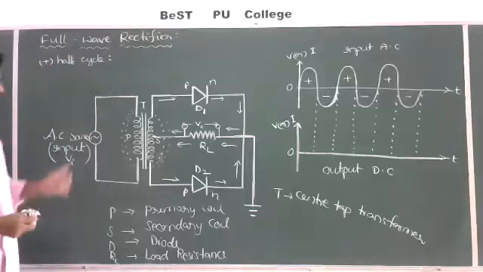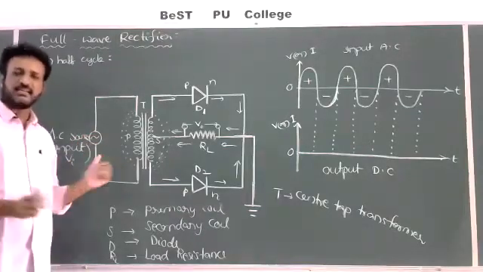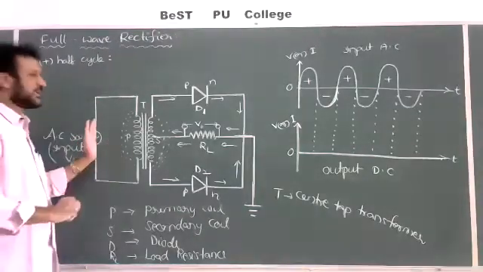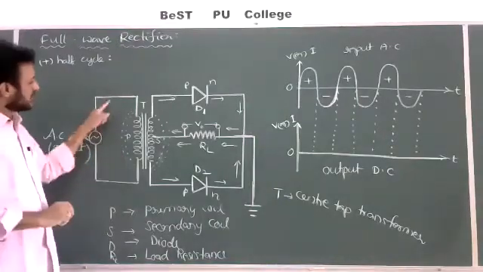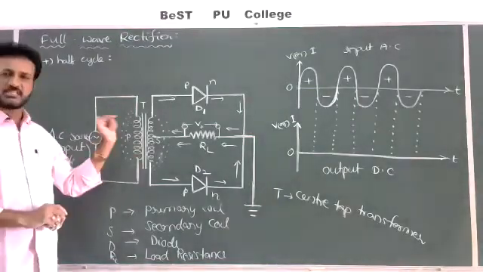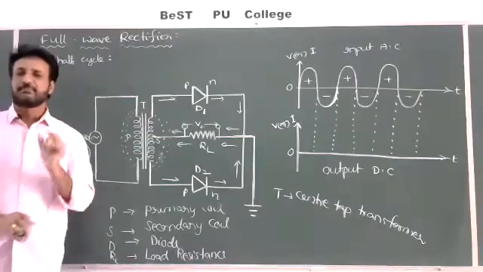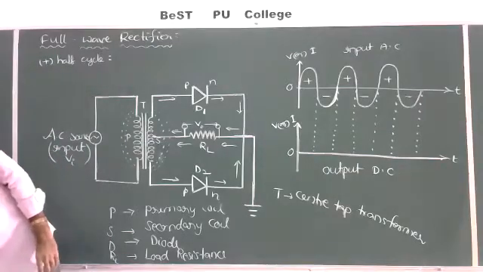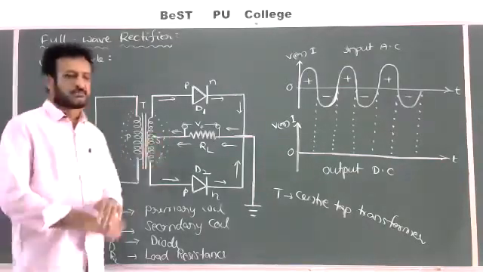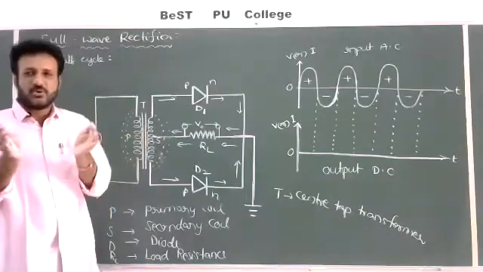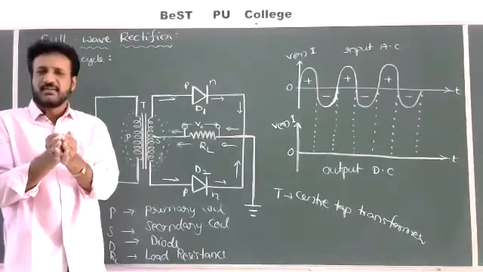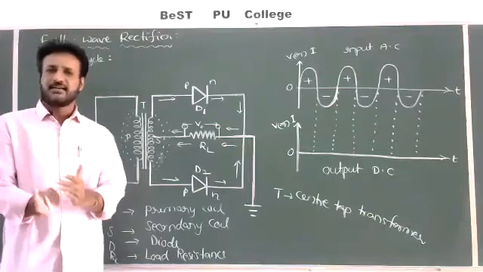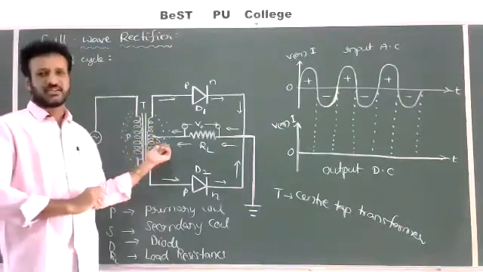Now, after switching on this AC source, AC current is supplied to the primary coil of the transformer. Whenever current is passed through the primary coil of the transformer, what will happen? Some magnetic field is developed across the primary coil. But the secondary coil is very closely linked to the primary coil. That's why the same magnetic field is also linked to the secondary coil.